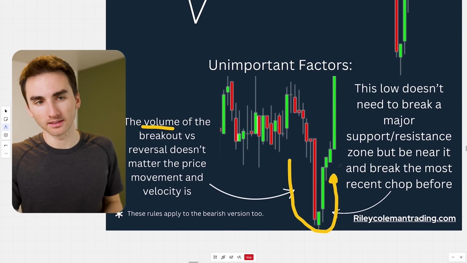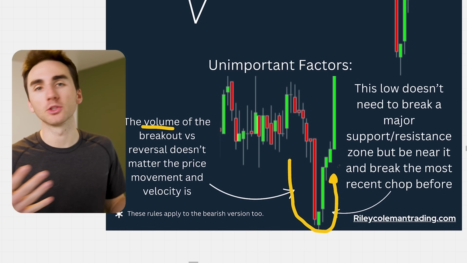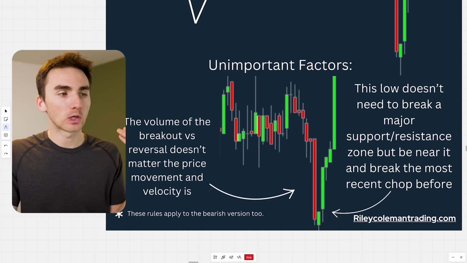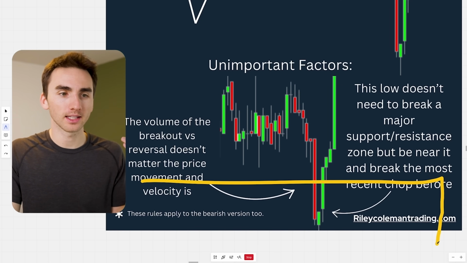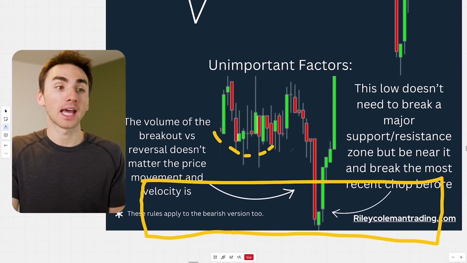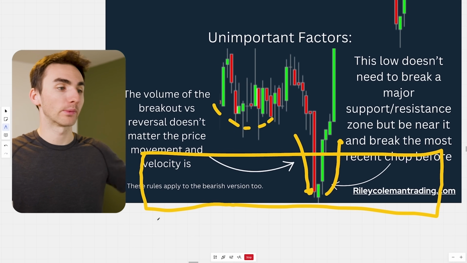And then the next thing is it doesn't necessarily have to break a major support you're looking at. Sometimes you can see that, let's say our support zone that we're looking at is like this. The market's already bottoming here, and then it has a break lower here and it reverses. So technically it doesn't break the low.